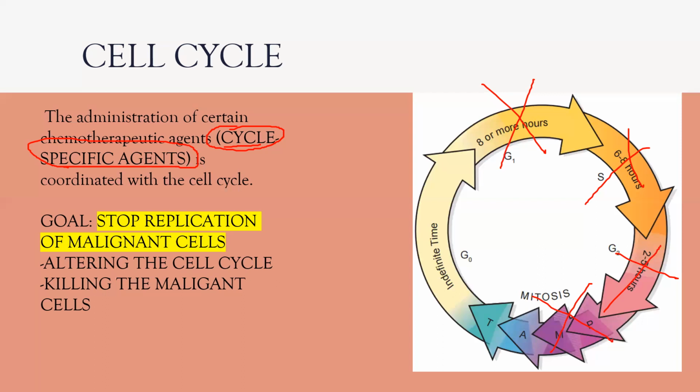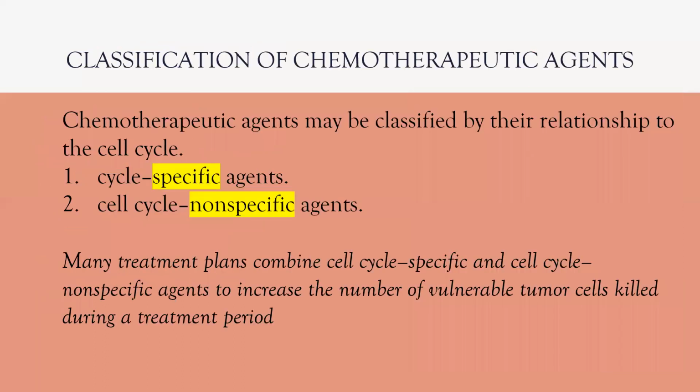At yung remaining na tumor cells can be destroyed by the body's immune system. Okay, ulitin ko. Hindi lahat ng chemo drugs act this way. That is why there is what we call classification of chemotherapeutic drugs. They can be classified by their relationship to the cell cycle.